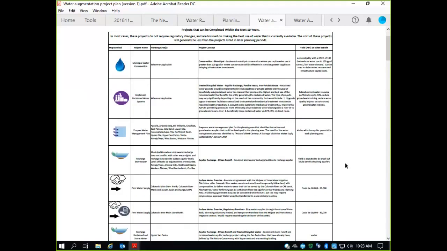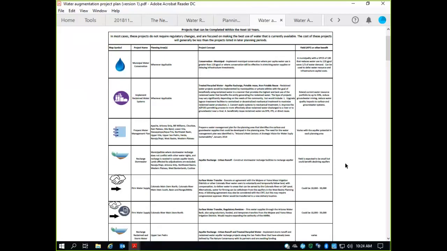Internally in our project team, we had some debates on some of them, such as if we needed to implement some sort of irrigation non-expansion area or active management area in areas of the state that did not have those. Some members of our committee thought, well, it only takes a year to do that, and that's really important. Maybe it should be in the first 10 years. And yet there were other thoughts that, politically, maybe it could happen in a year or two. The reality is, by the time you work it through the political process, it may take 10 years.